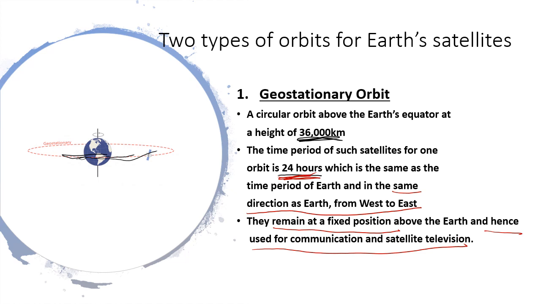What is the advantage of these two things? Because of them, it looks like the satellite is fixed at a position, so we can easily send signals and easily receive signals. Because of that, they are used for communication and satellite purposes.